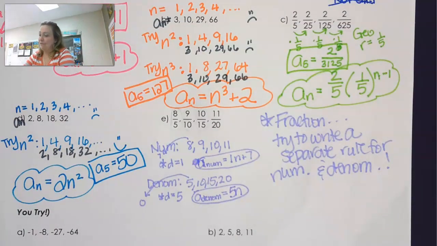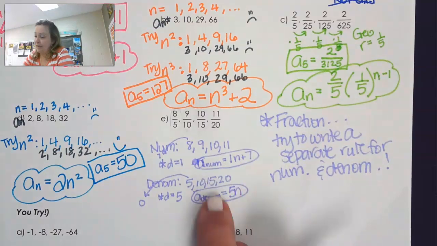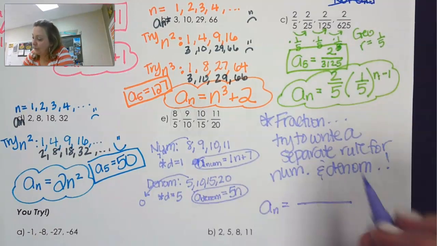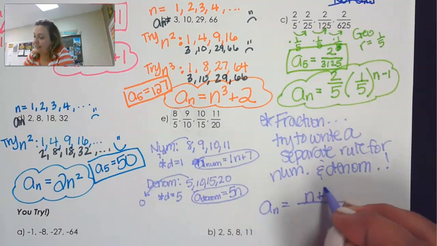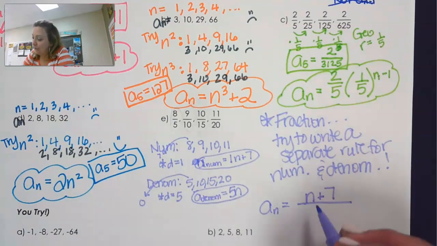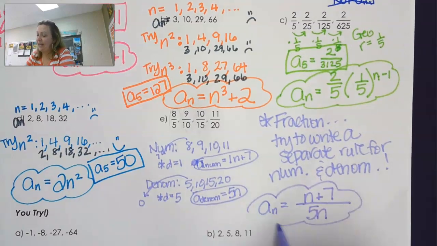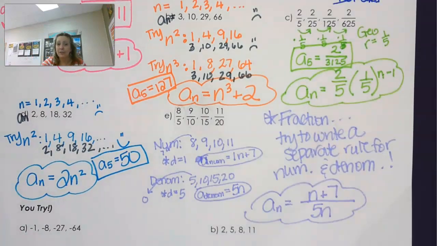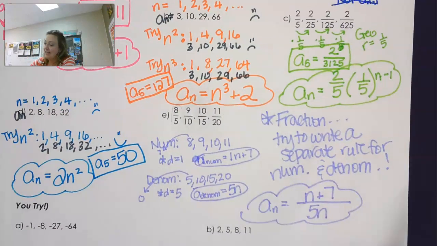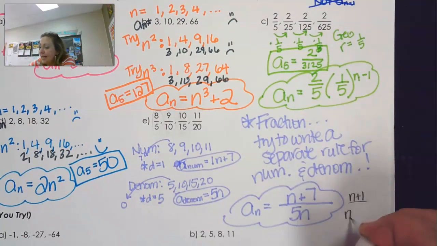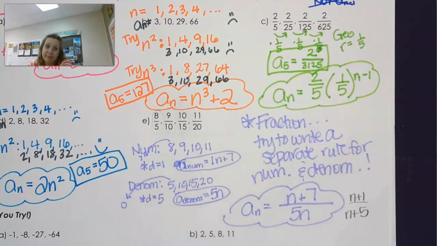And so now that we have a rule for the numerator and the denominator, I'm going to have this rule for the whole thing. My rule for the numerator is n plus 7. My rule for the denominator is 5n. Okay. A very popular answer for this, you guys, is that the numerator is n plus 1 and the denominator is n plus 5. Do you see why people would do that?